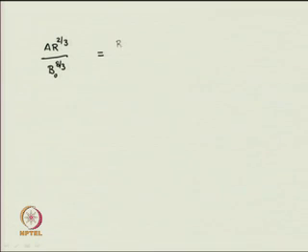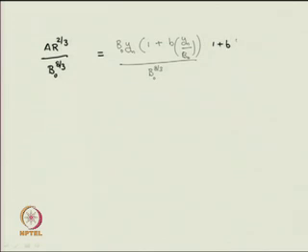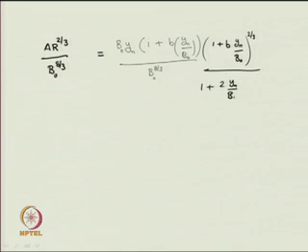It is this quantity into 1 plus m into y n by b naught, the whole quantity raised to 2 by 3, by 1 plus 2 y n by b naught root of 1 plus m square, the whole quantity raised to 2 by 3, into y n whole to the power of 2 by 3.